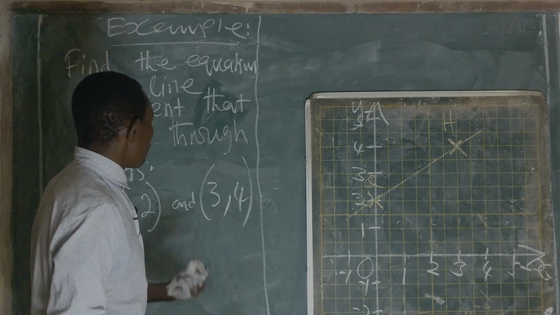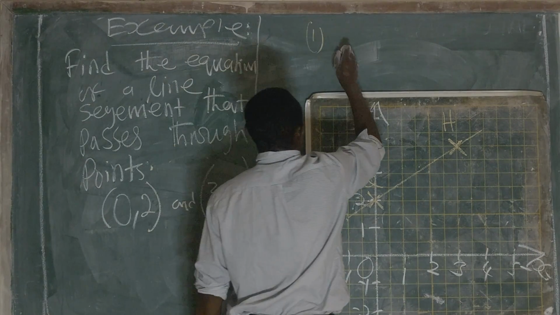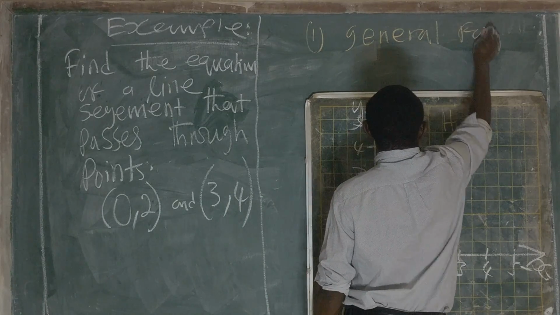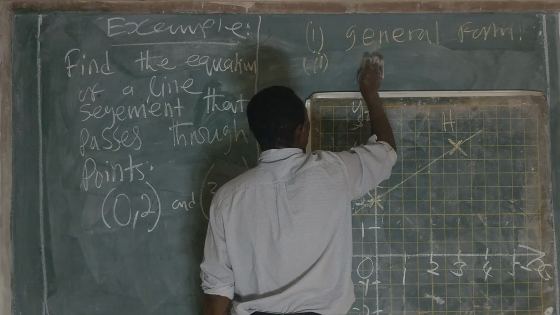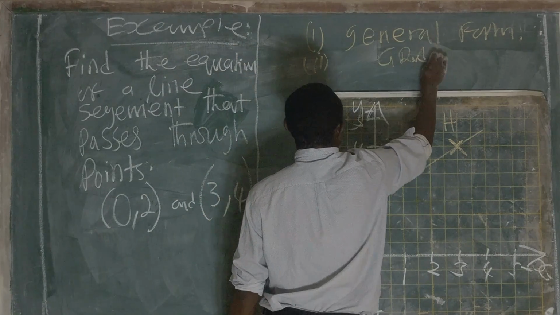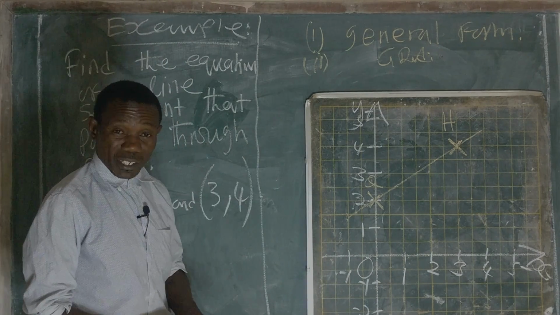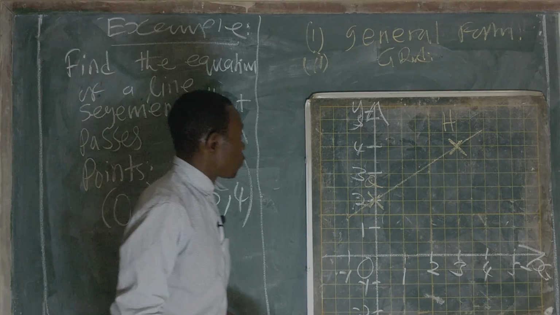So it means if you want to find the equation of the line, one, you can use the general form of the equation of the straight line. Number 2, you can use the knowledge of gradient. Right. So let's begin with the knowledge of the gradient. What knowledge should we incorporate in order to come up with the equation of the line?